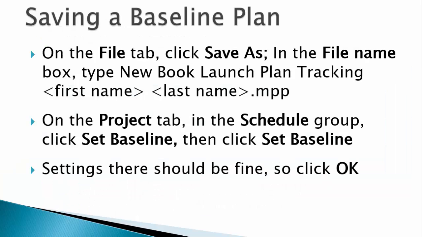Insert the word tracking into your plan file name so we can keep it separate going forward. On the Project tab, in the Schedule group, click Set Baseline, then click on Set Baseline. The settings are illustrated on the next slide.